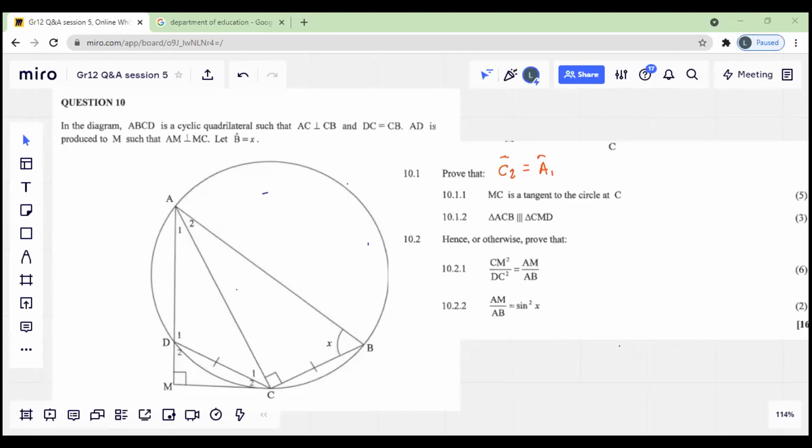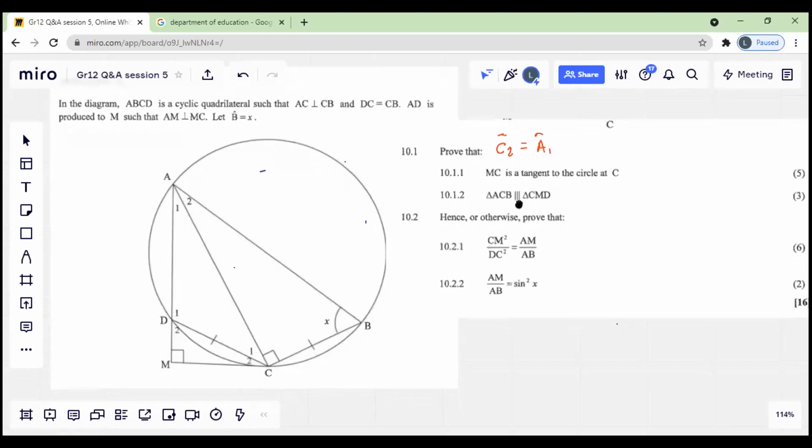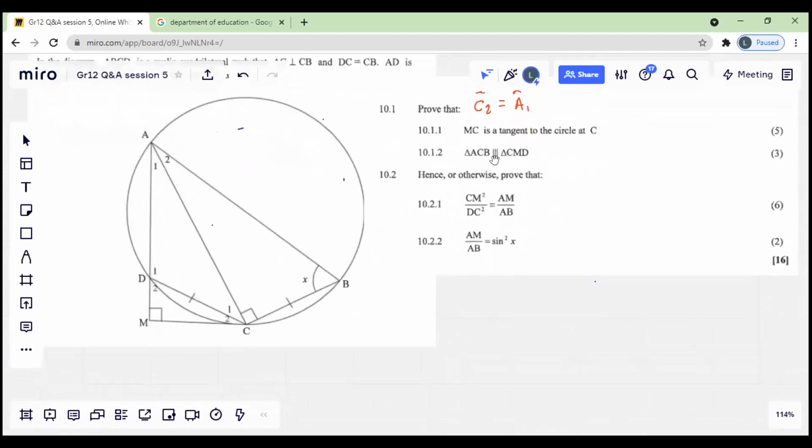Now, proving that triangle ACB is similar to triangle CMD, this is something that we should find pretty easy. I'm just going to try and space this out a little bit better than the previous question, because the other one really wasn't set out very nicely.